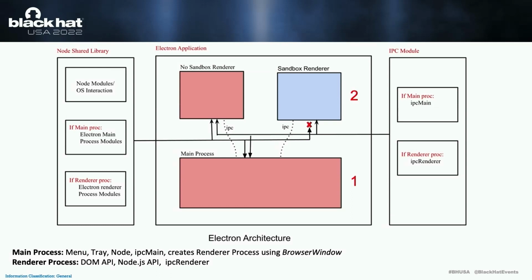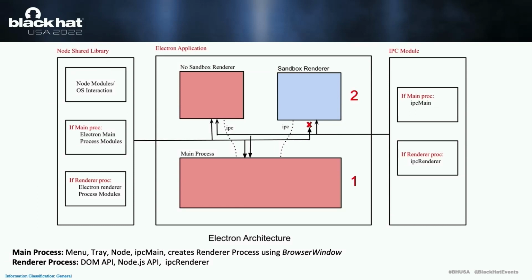On the other hand, we can have multiple renderer processes. And the main function of a renderer process is to render a web page using Chromium. As Chromium is used, a lot of Chromium-related features are used, such as Chrome site isolation, multiple processes, etc. The way the main process and renderer process talk with each other is through something known as the IPC, or Inter-Process Communication module.